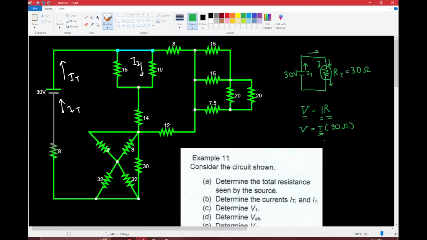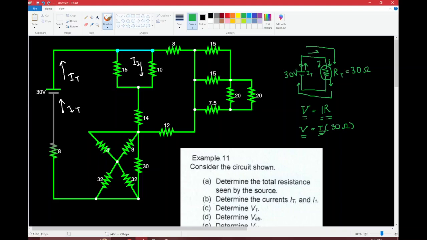It's the total current. So we can just change I to IT, and that's the thing that we want to find the value for. Now, how much voltage is being dropped across this resistor? Well, since it's the only resistor in the path, whatever the voltage of the battery is has to be the voltage that drops across this resistor.